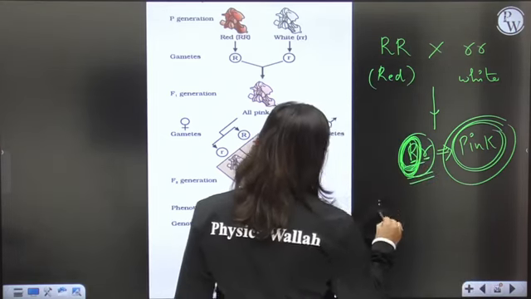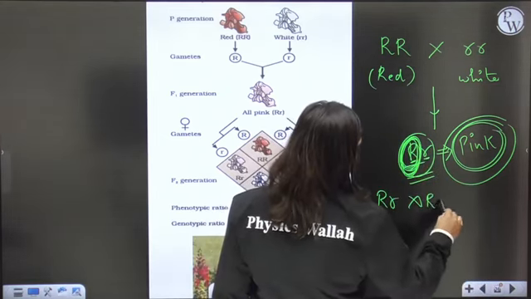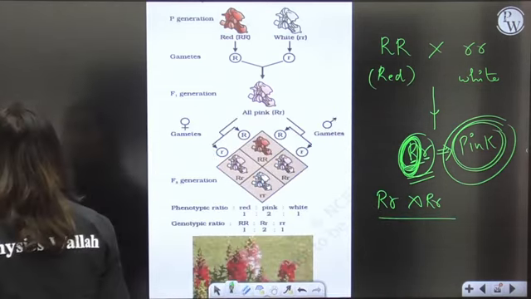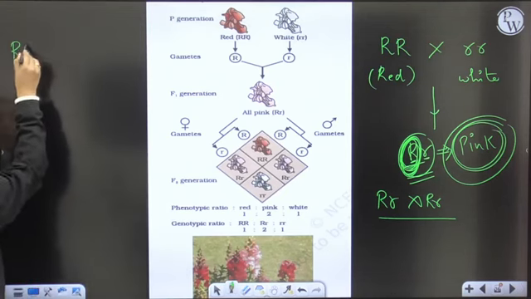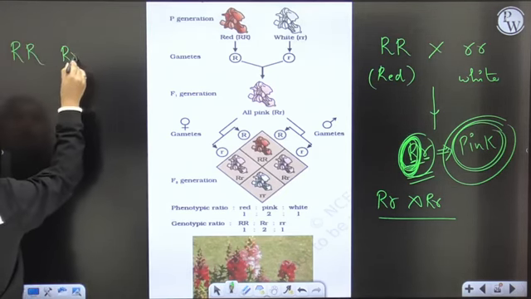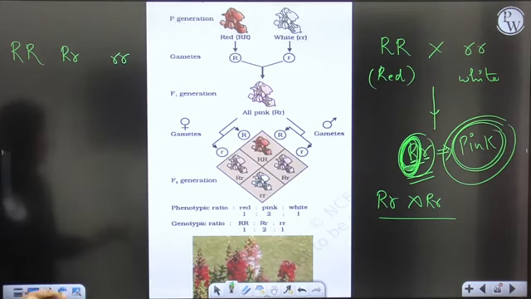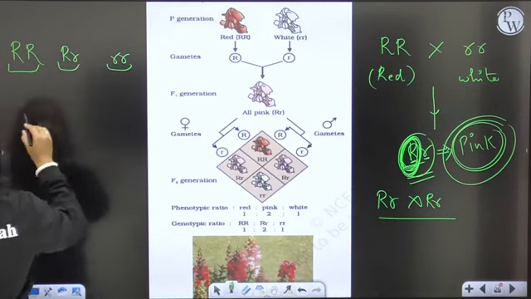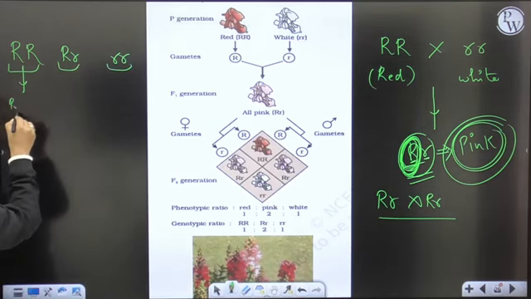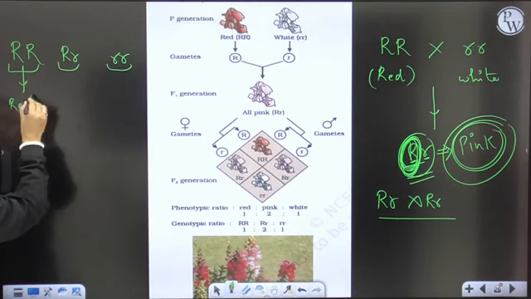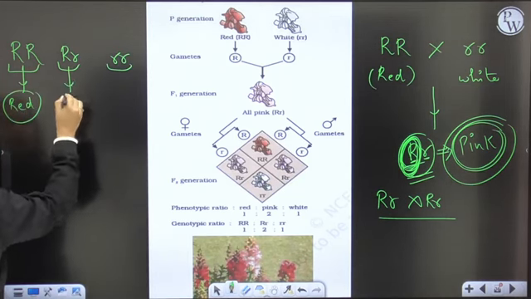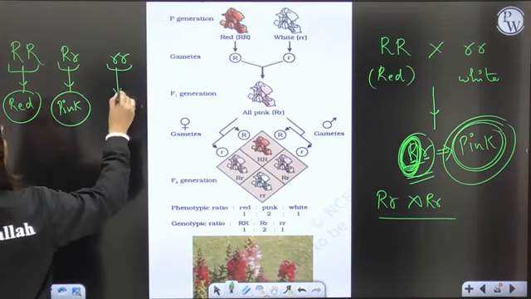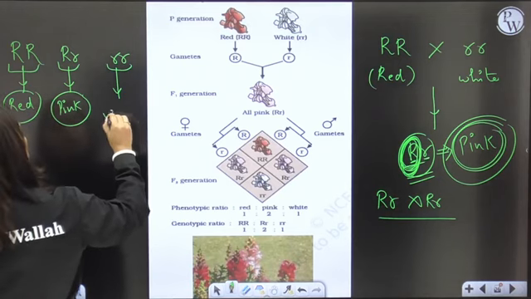Now, again, selfing. And after doing selfing, what did we used to obtain? How many genotypes in the F2 generation? 3. Capital R, capital R; capital R, small r; or small r, small r. Okay? But what's the difference here? Capital R, capital R is red, capital R, small r is pink, and small r, small r is white.